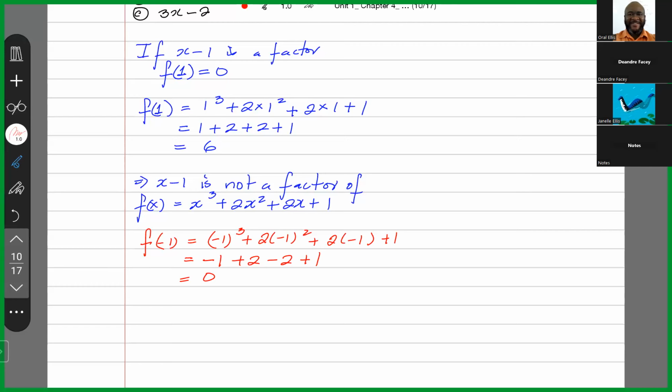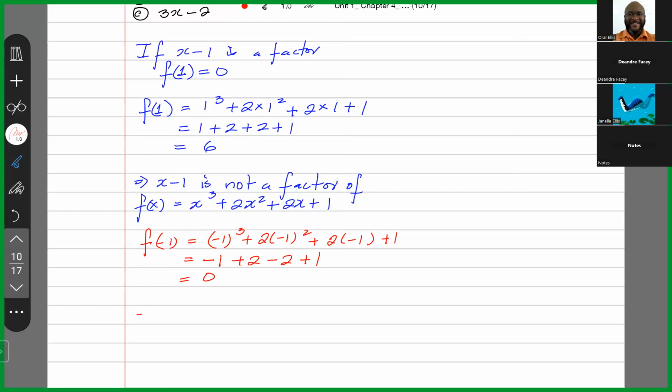So if the remainder comes out to be 0, according to the factor theorem, if x plus 1 is a factor, f of minus 1 would be equal to 0. So here, f of minus 1 came out to be 0.